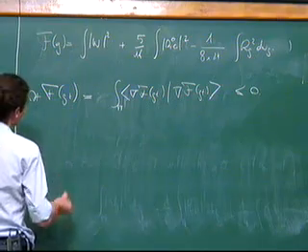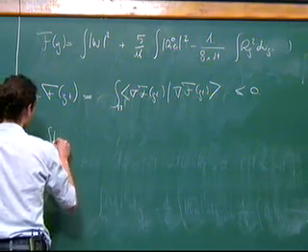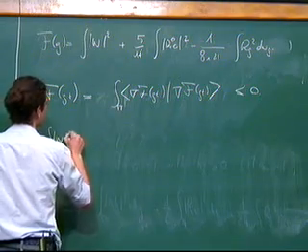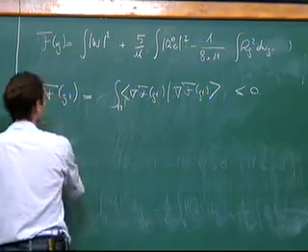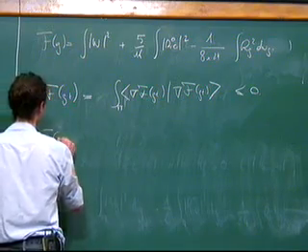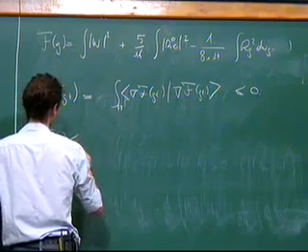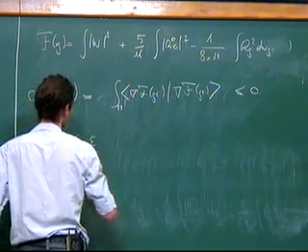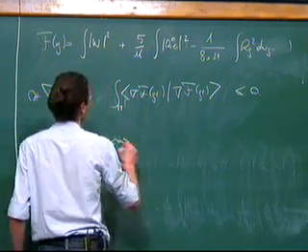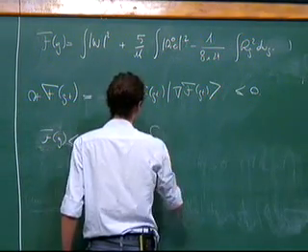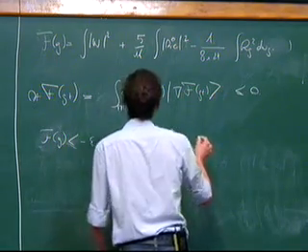And you can write that f of g is negative, so we'll say that it's less than minus epsilon, and you make the Q curvature appear.